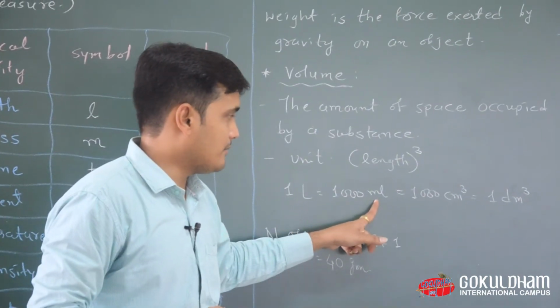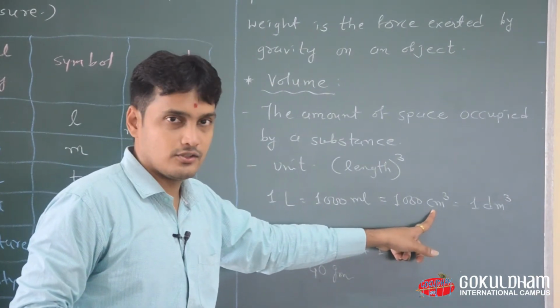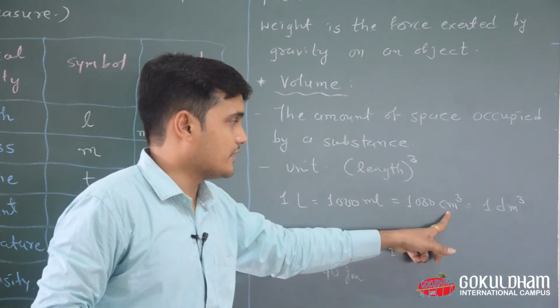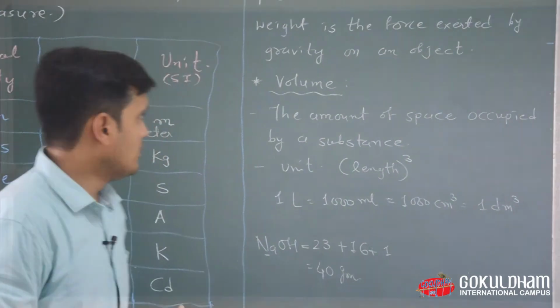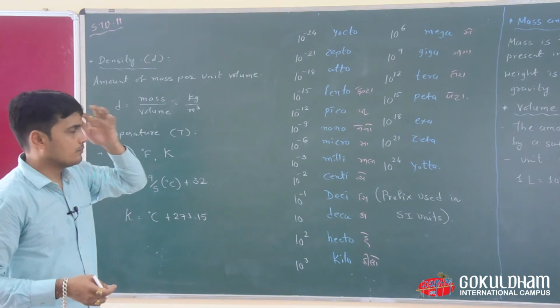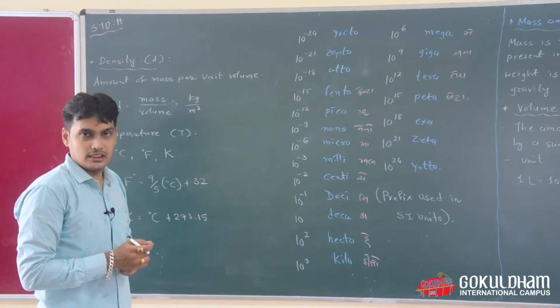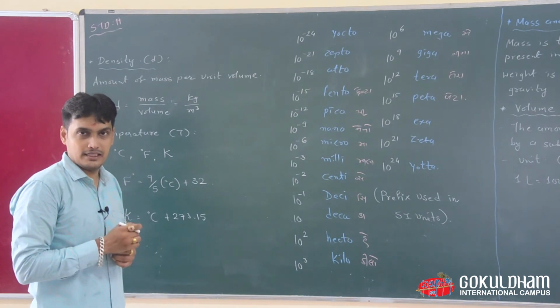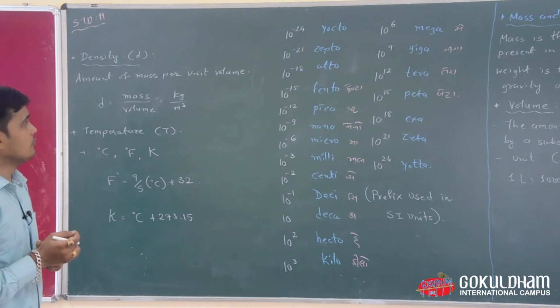This 1000 ml is equal to 1000 centimeter cube, and this 1000 centimeter cube is equal to 1 decimeter cube. Volume is measured by measuring cylinder, burette, pipette, test tube.